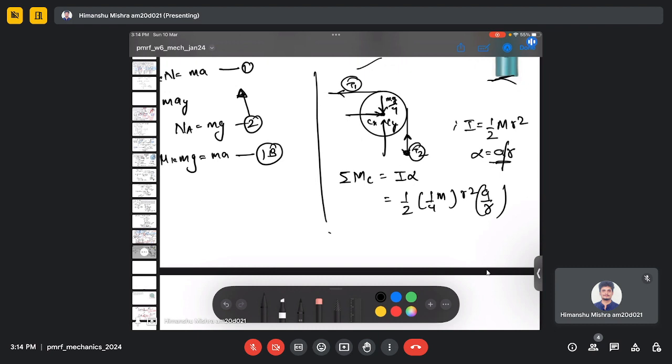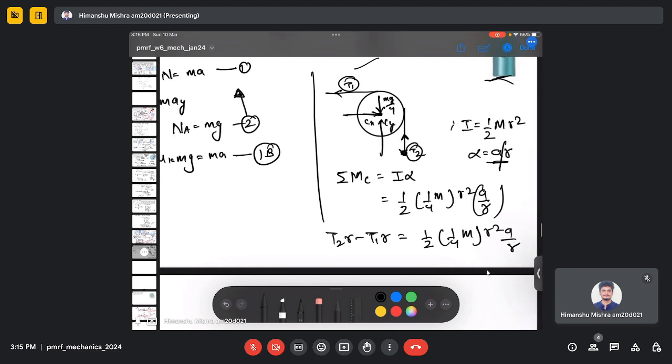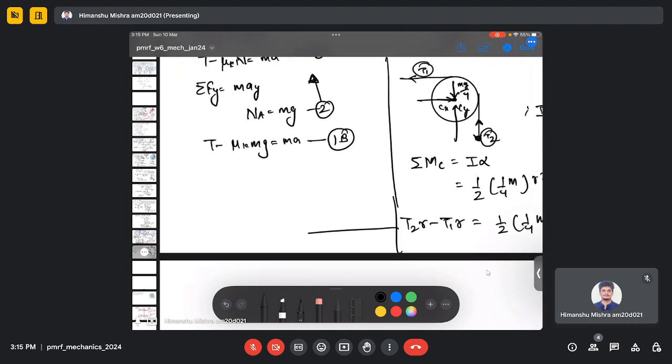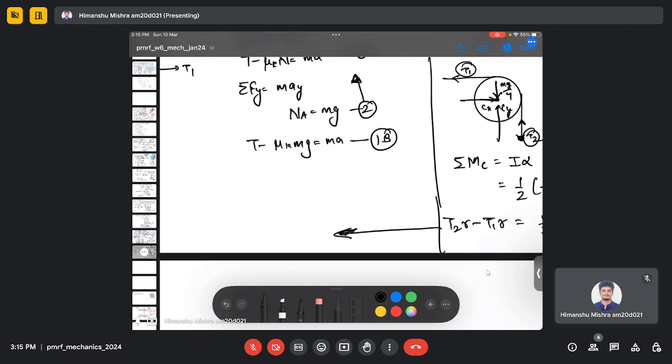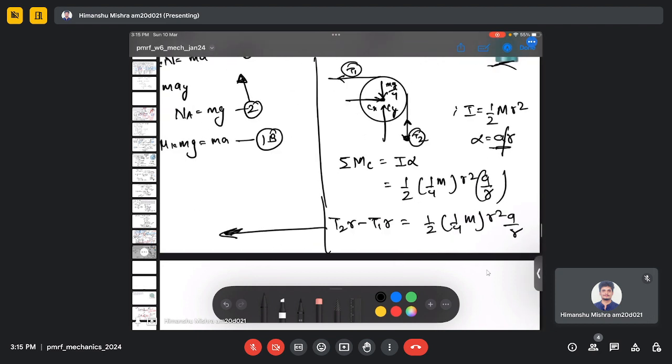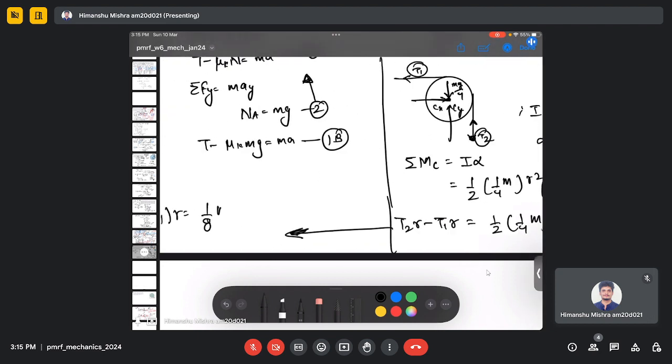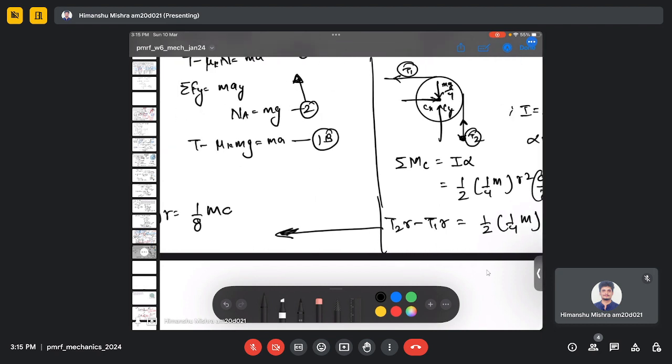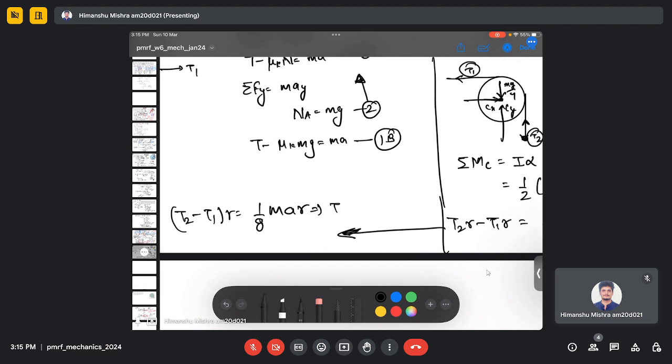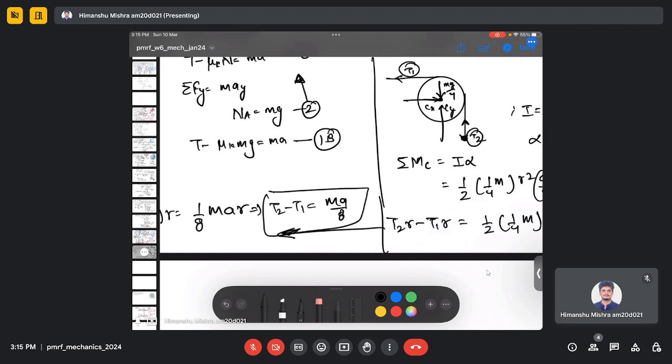So it will be T2R minus T1R equals 1 by 2 multiplied by 1 by 4 m r square A by R. So on simplification, I will get T2 minus T1 equals 1 by 8 m A. T2 minus T1 equals mA by 8. So this is my equation 3.